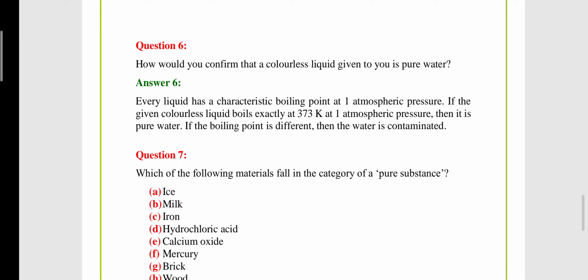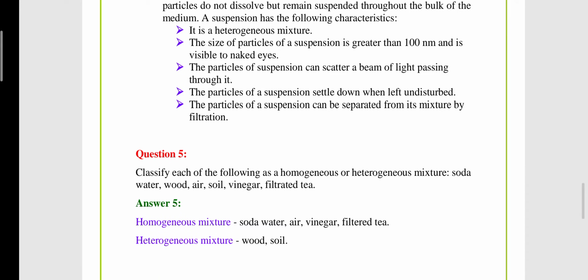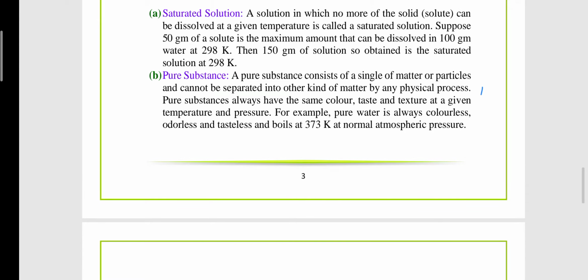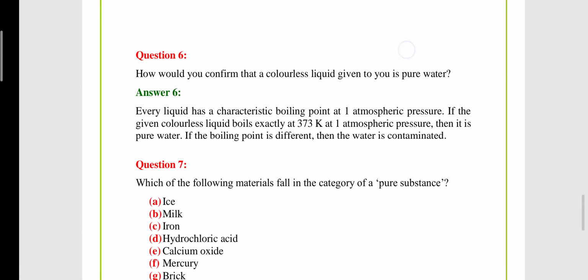Next question is, how would you confirm that a colorless liquid given to you is pure water? In this question we study pure substances, and pure substances have the same texture, color and taste at a given temperature and pressure. Pure water starts boiling at 373 Kelvin at normal atmospheric pressure.